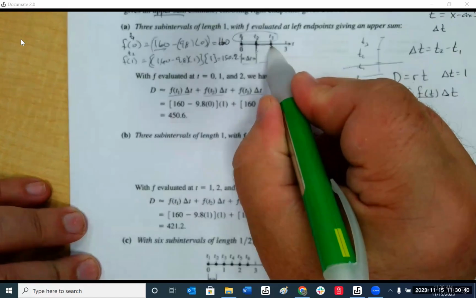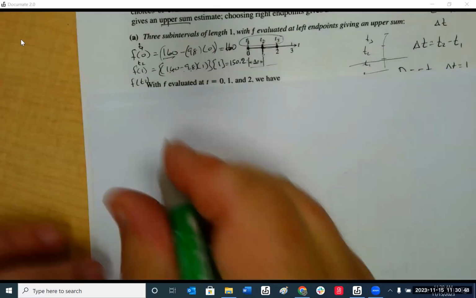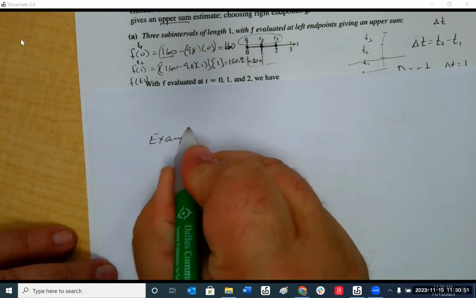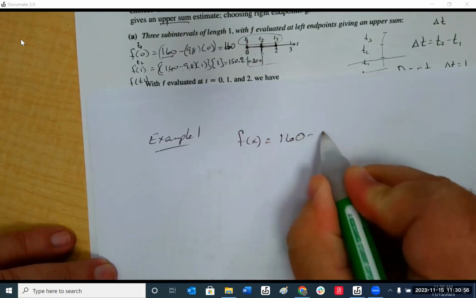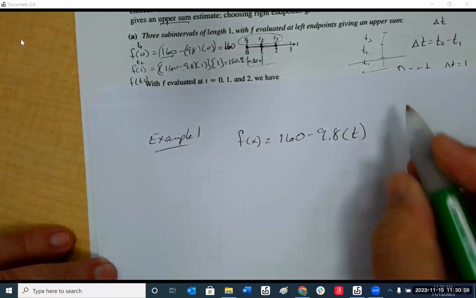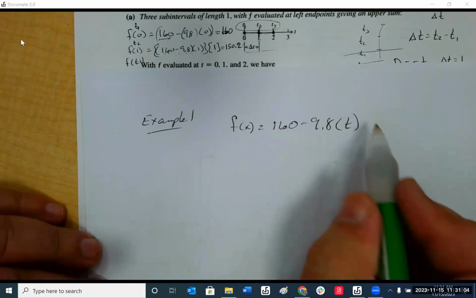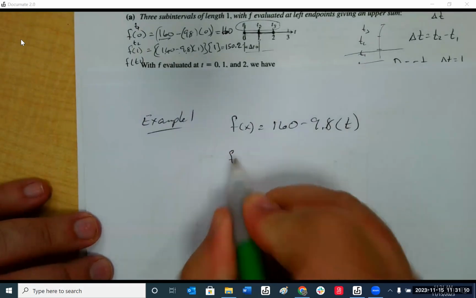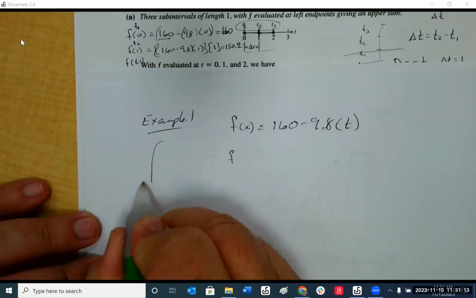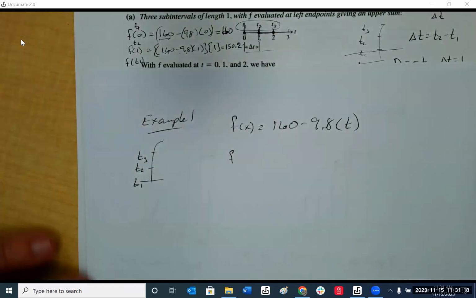And then at our third time interval, at F of T3, the reason it's times T is because it's meters per second squared. So it all depends on how many seconds. T1, T2, T3.